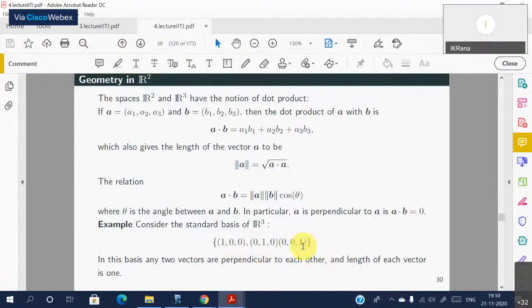So not only is this a basis, all three vectors are mutually perpendicular to each other, and the length of each is equal to 1. So this is a very special kind of basis for R3, right?